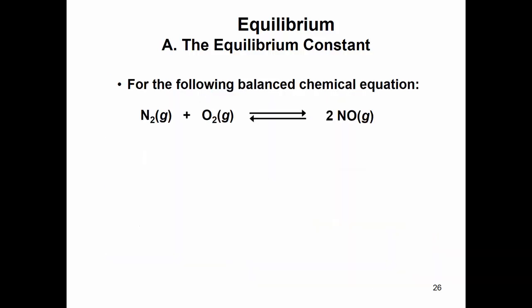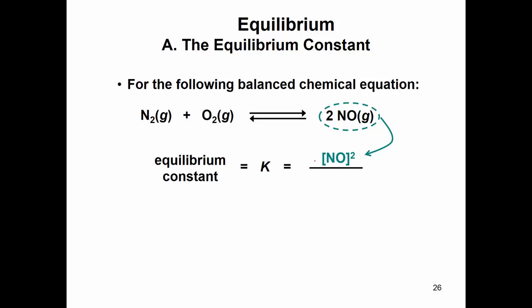Let's see this in an actual example where we have compounds. The equilibrium constant K equals the product concentration, and here we just have one product, raised to the second power. The 2 goes here, so it's not times 2.